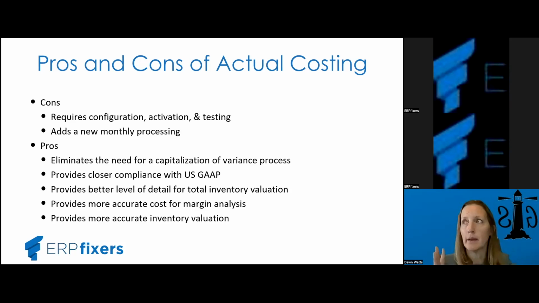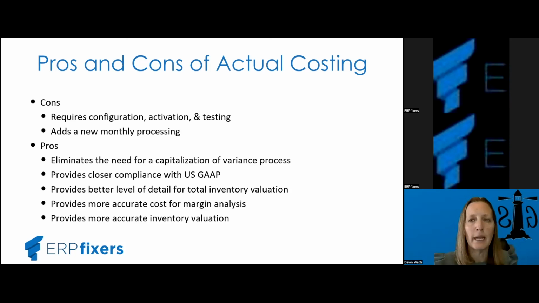So if you're in a situation where your margins are fluctuating, or you're not feeling like you're getting a good grasp of what your margins are, like you see a margin in January, but then a bunch of variances come in in March, and that changes things from a margin analysis perspective.